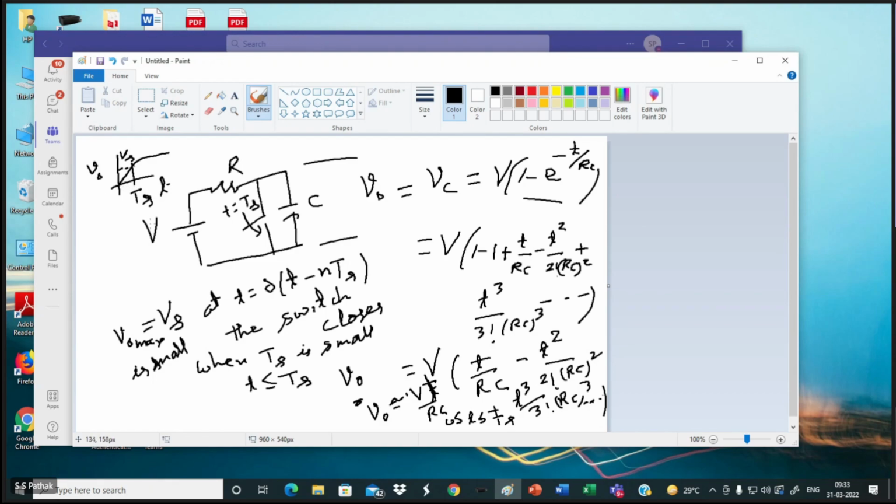So a sweep can be generated with a very small peak and a linear characteristic. And at that particular Ts, this switch S will become on, so it will become 0 at that point Ts. Again it will start going like that.